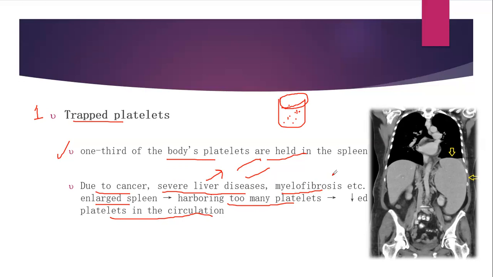So this is one of the reasons for thrombocytopenia, that the amount of platelets in the blood circulation becomes low due to cancers, liver disease, or myelofibrosis. All of the platelets are trapped inside the spleen, and they don't come out into the blood circulation. So then thrombocytopenia happens, and there is a chance of bleeding.